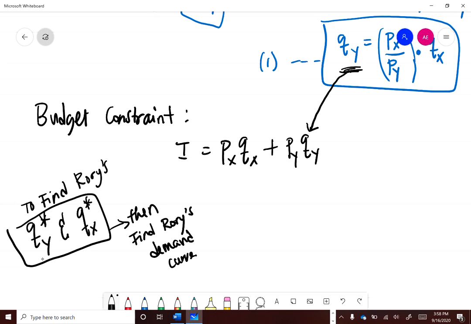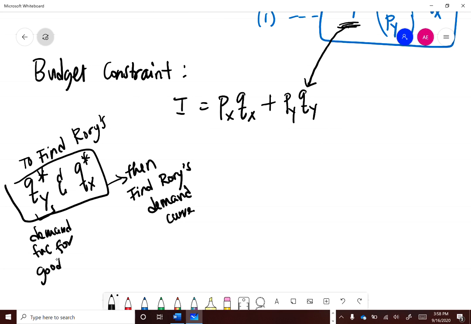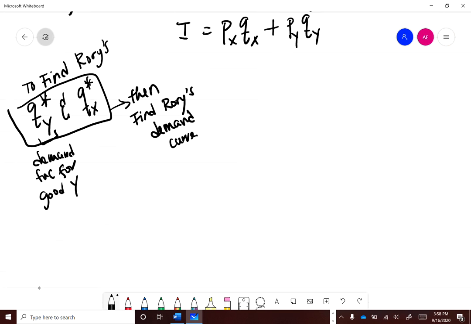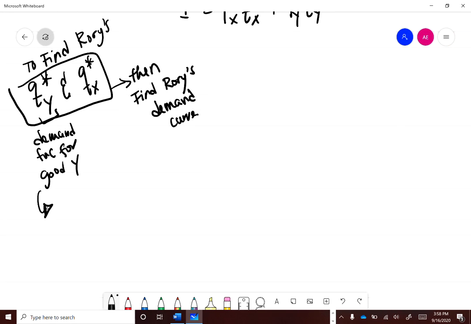Right? So basically this would be Rory's demand function for good Y, and we know that in this demand function Rory's always optimizing her choice or her utility, and the same is true for this.